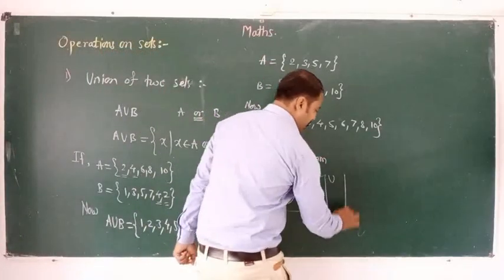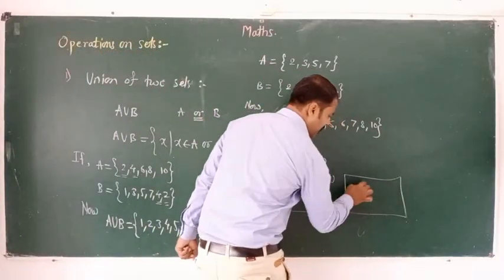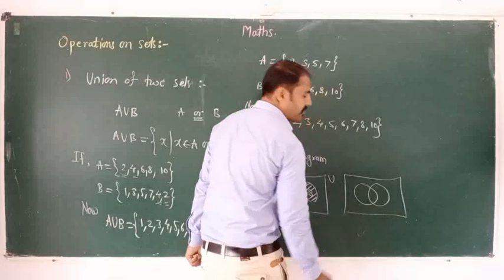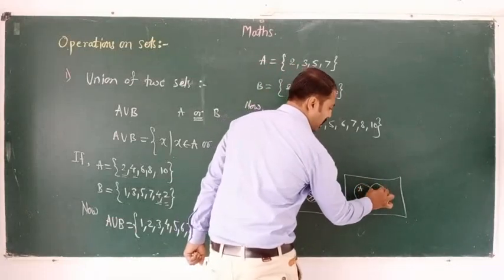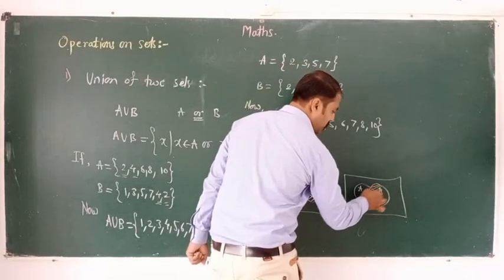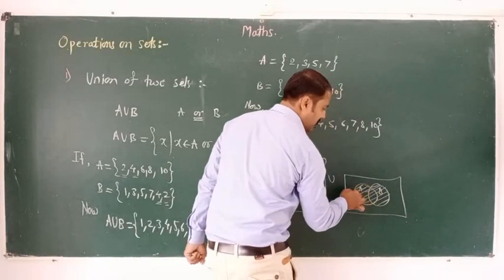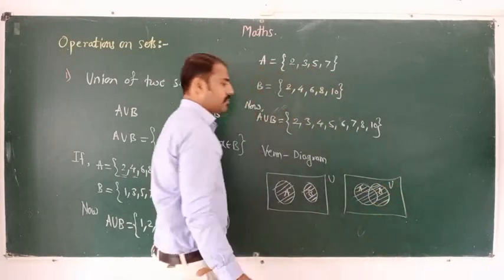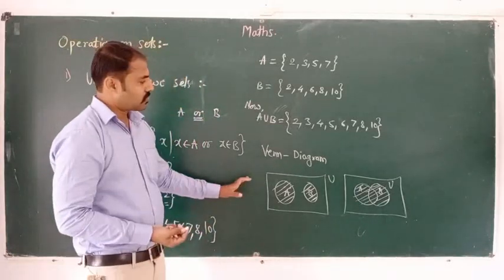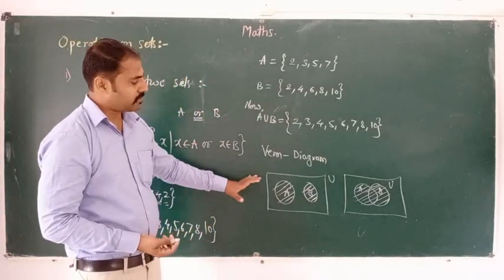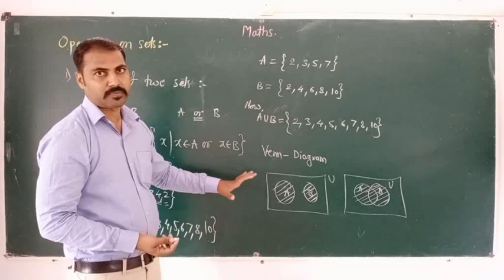Or if A is here and some elements are common in B, A union B is again this shaded portion. So in a Venn diagram we represent A union B like this.